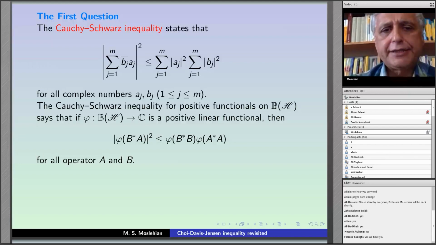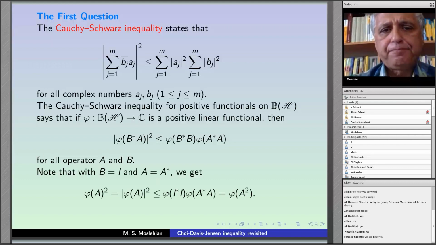You can see the similarity between these two formulas. If we replace B by the identity operator and replace A by its adjoint, we arrive at this inequality: phi of A squared is less than or equal to phi of A squared.